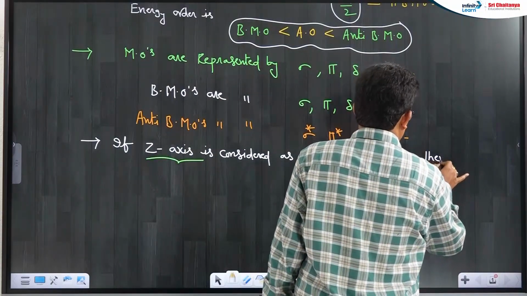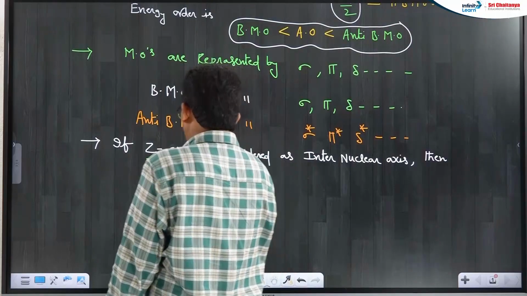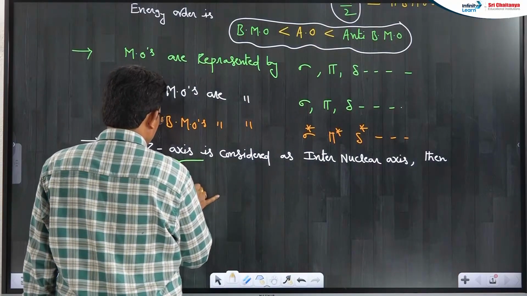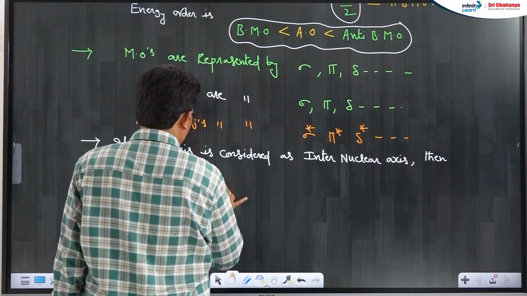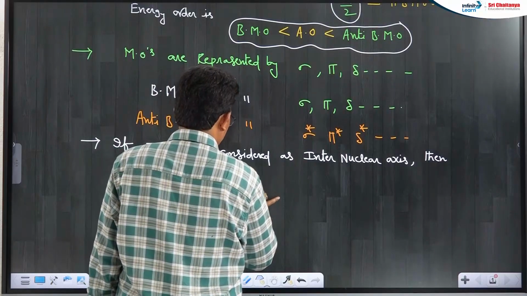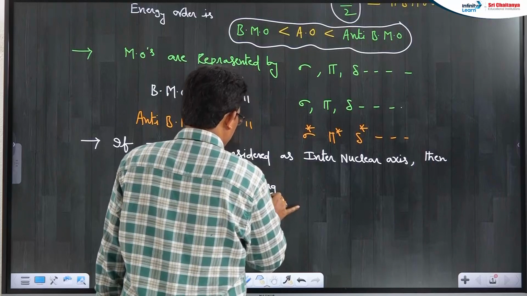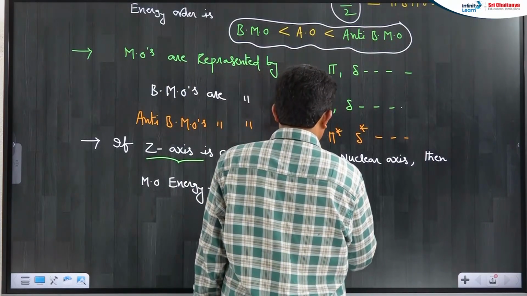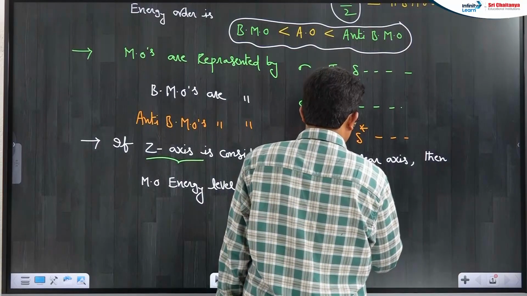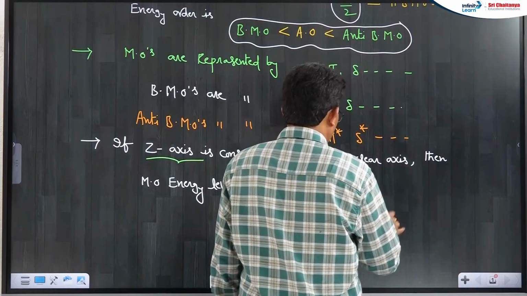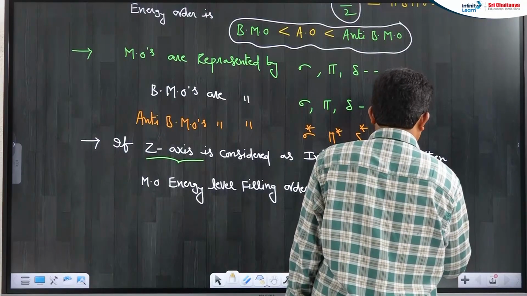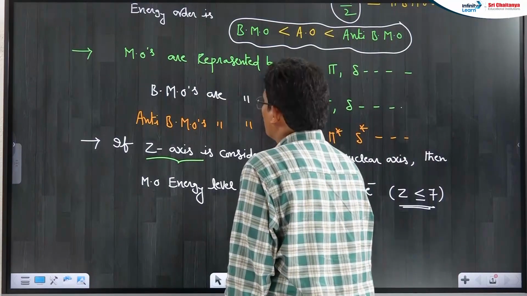Then the molecular orbital energy level filling order up to 14 electrons, or atomic number Z value less than or equal to 7.